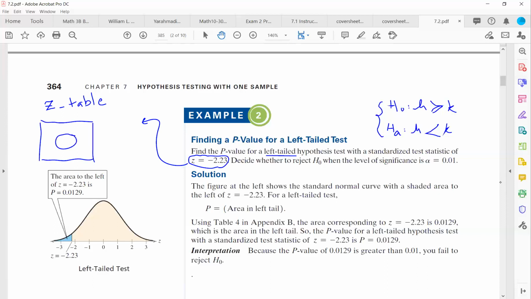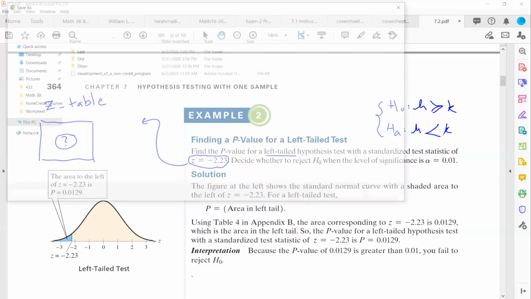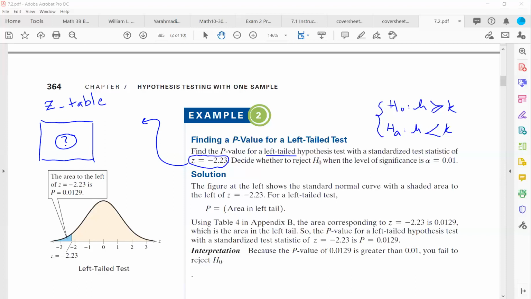To find the area, you're looking for a number within the areas. So let us open a z-table. Z-table PDF. Okay, let me download this and open it in a PDF file for you.